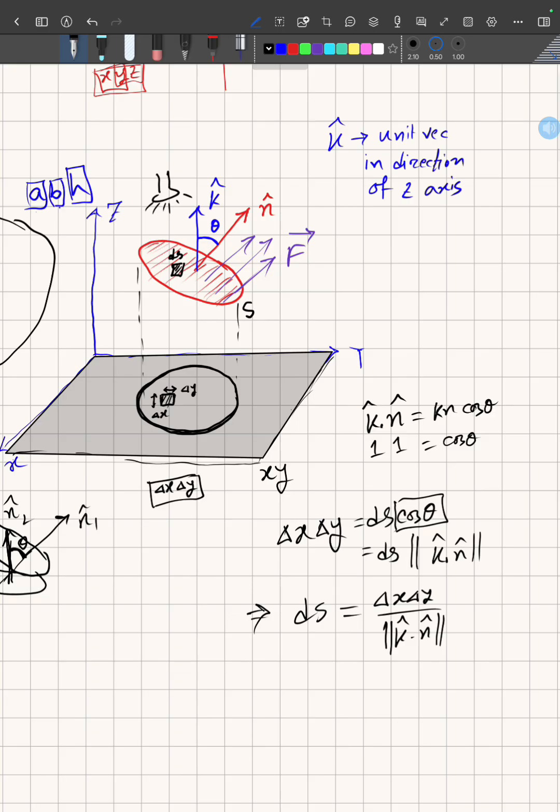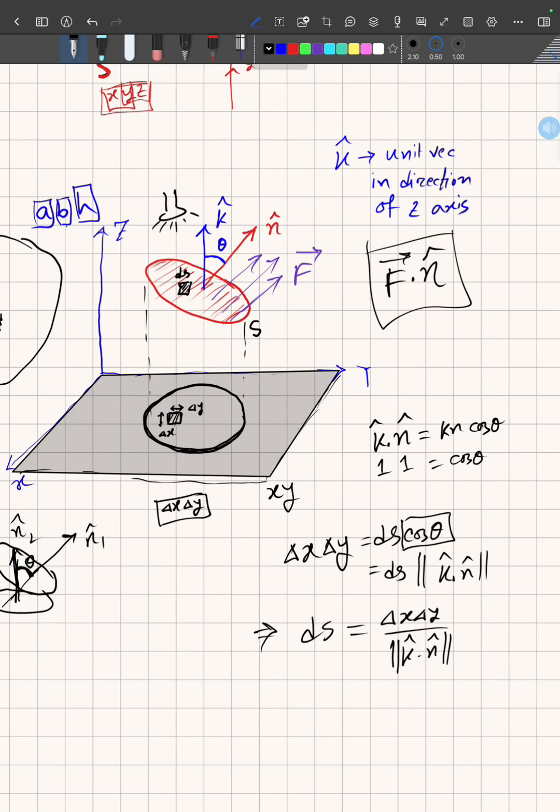The surface could be at any angle, at any orientation in 3D space. What we actually want is our flux, the dot product of the flux and the normal. So that's why we are going through all these processes. So we can convert this ds with this portion.